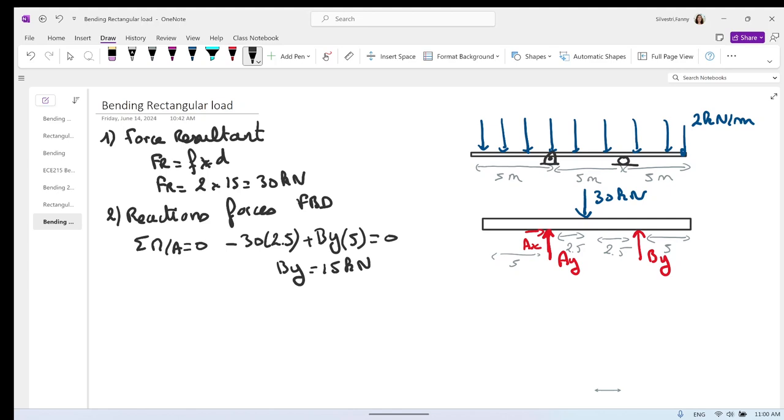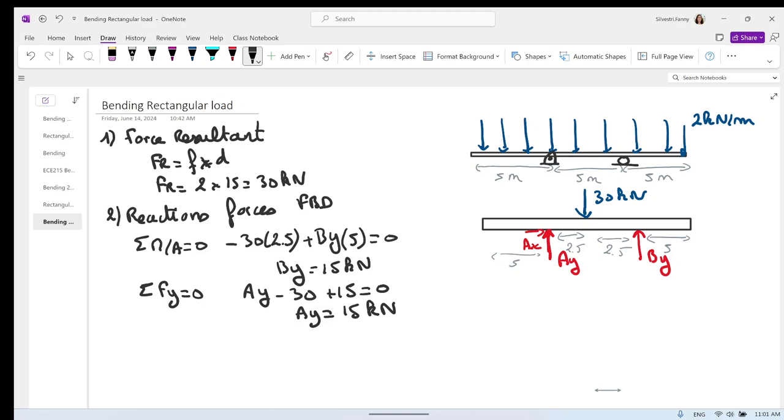And we can do sum of the forces in y equals 0. So we have AY minus 30 plus 15 equals 0. AY equals 15 kilonewton. This is symmetrical, and you will also have something symmetrical in your quiz, so you need to find the same forces. In the slide, I showed you the effect of not having a symmetric connection, having your two connections in different places.